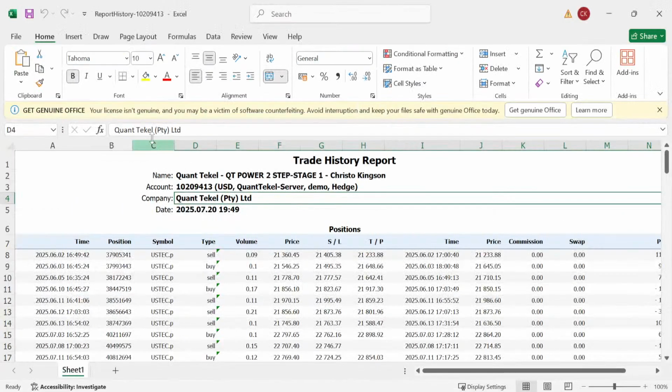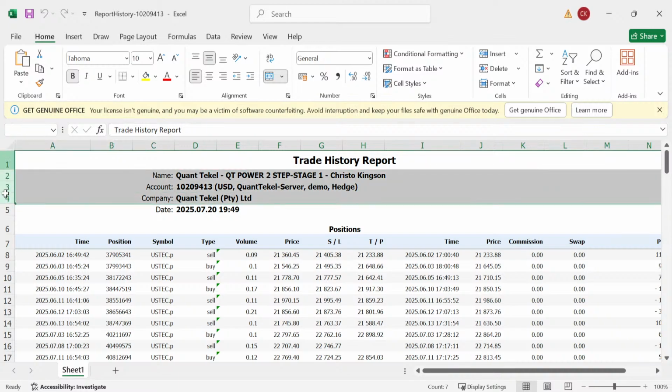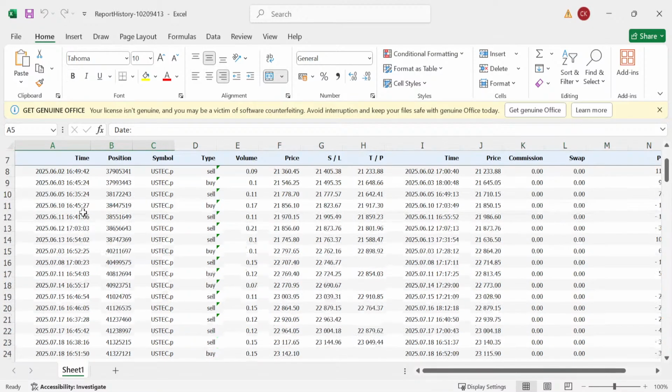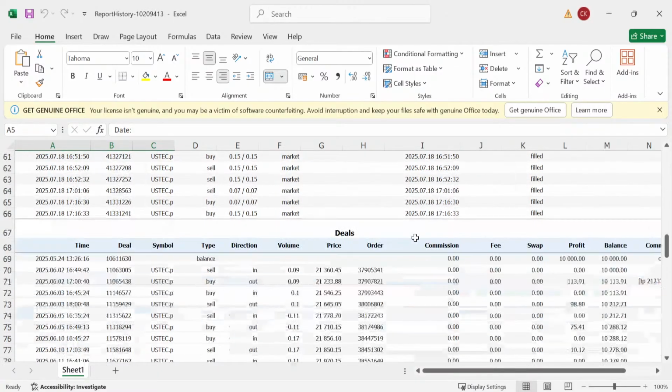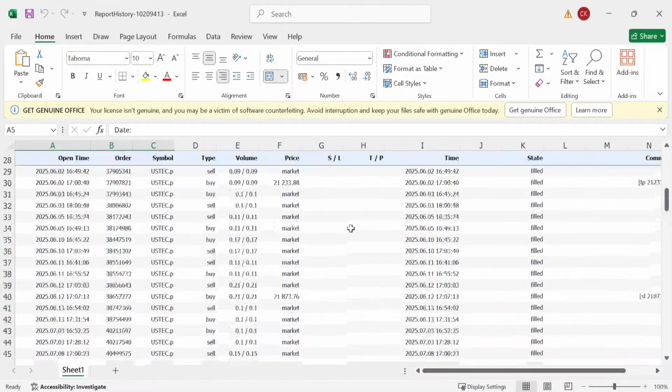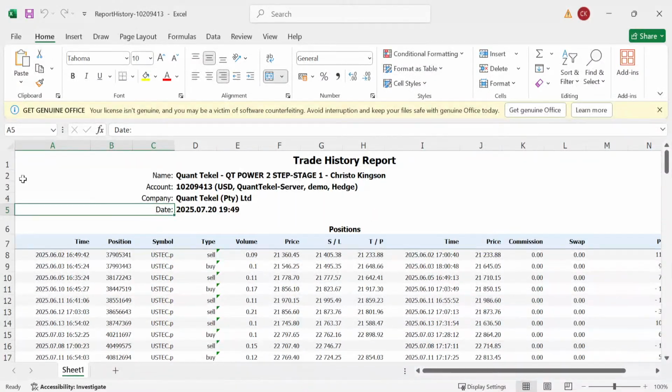Open the report which you just downloaded. Basically what we need is the positions. We don't need orders or any other details down here. So you just have to filter and clean up your data.